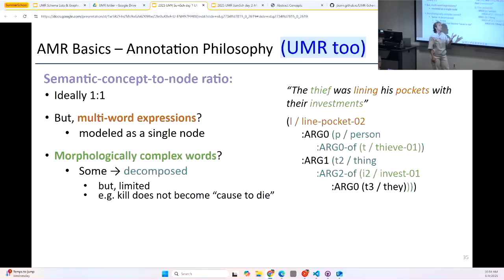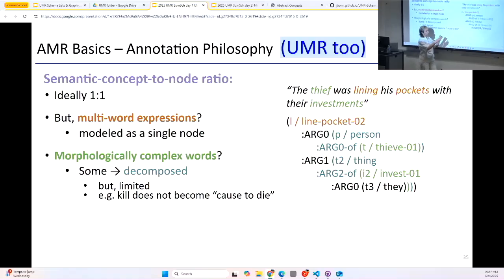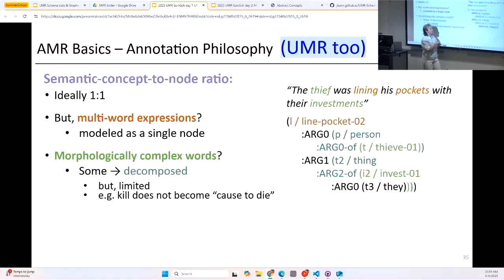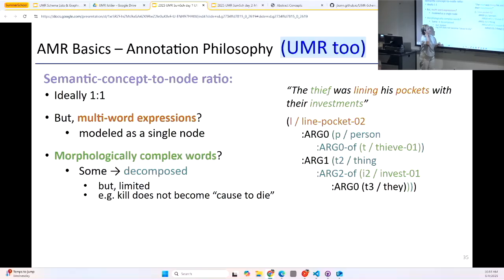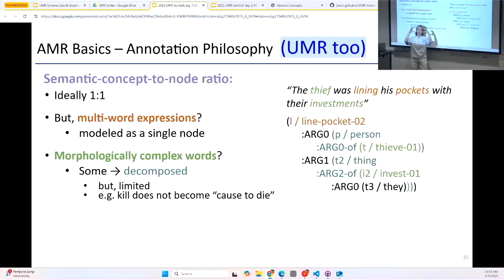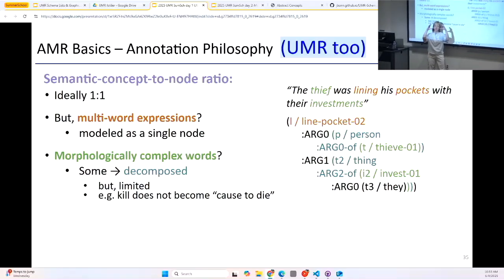Other flat multi-word expressions, like by and large, can be a single node just with hyphens. There are some words that AMR let you break down that were more logically complex. Like investments, when you're talking about the actual thing that was invested, you wouldn't just have the rule set for invest, because that refers to the event itself. You would extract that there's this thing that's been invested, and that's what you're talking about, the thing, not the act. So you have multiple nodes in the graph that point back to that same word.